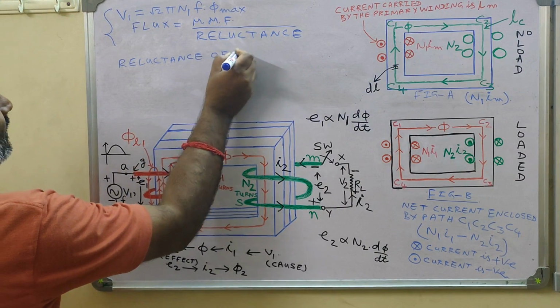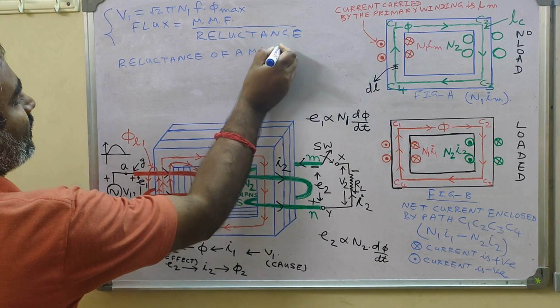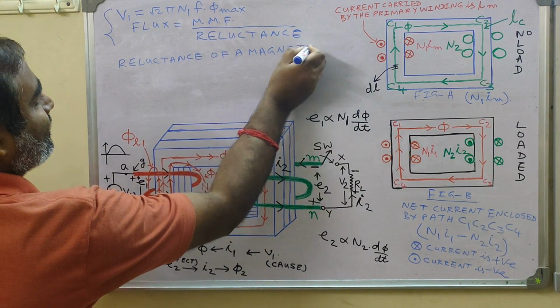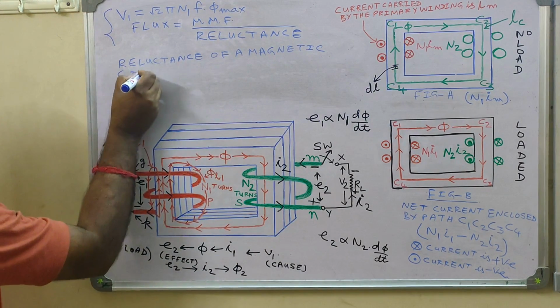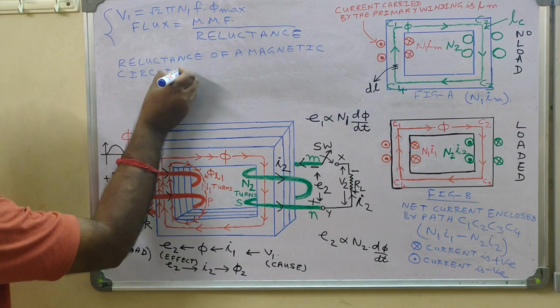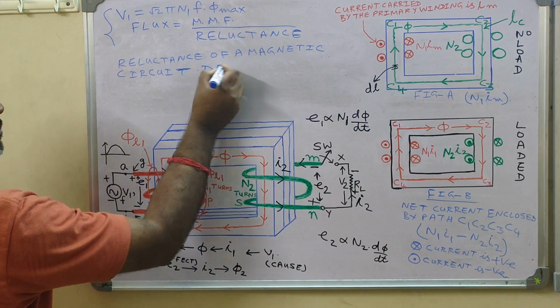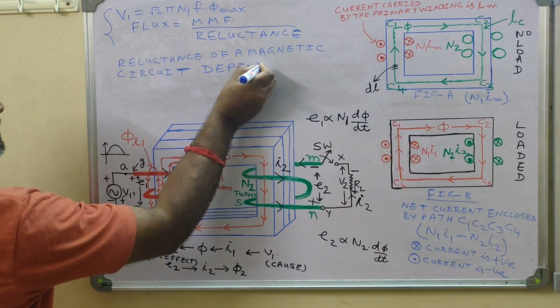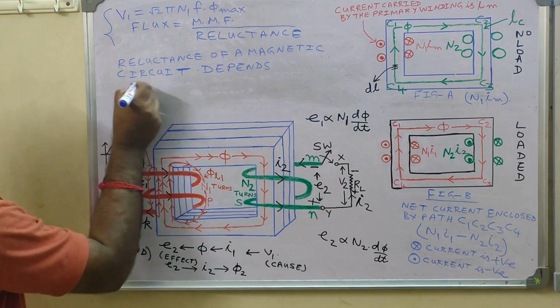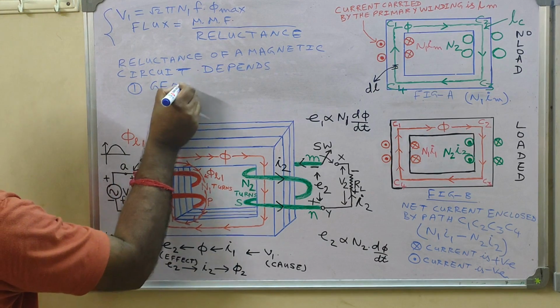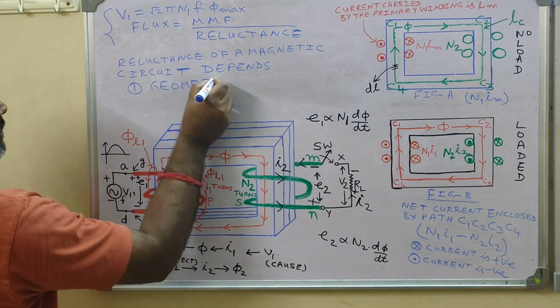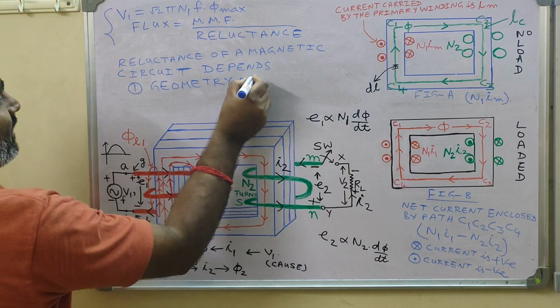The reluctance of a magnetic circuit depends on what factors? Number one is the geometry of the magnetic circuit.